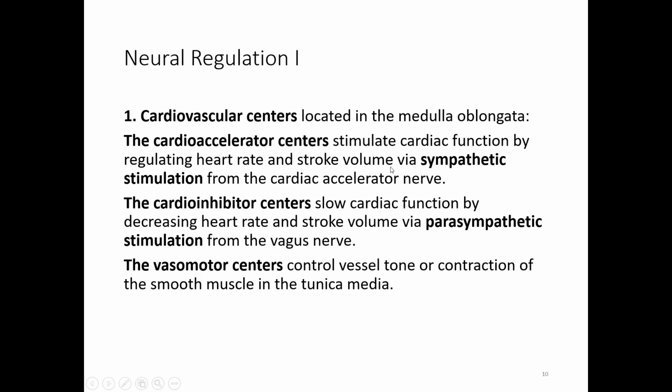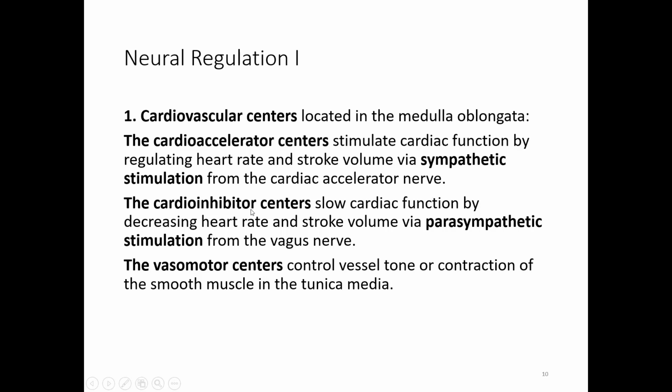So the heart not only beats faster, but also each contraction of the heart is stronger, and the volume of blood that is pumped during each heart contraction is larger. And that stimulation is provided through the sympathetic nerves. It's called cardio-accelerator nerve, and it originates from the spinal cord.